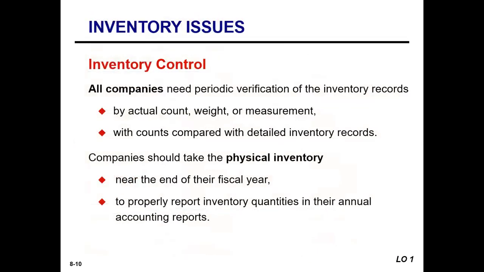All right, inventory issues. A couple things that companies have to think about when determining physical inventory at the end of the year is, at least once a year, a company does want to take physical inventory counts.